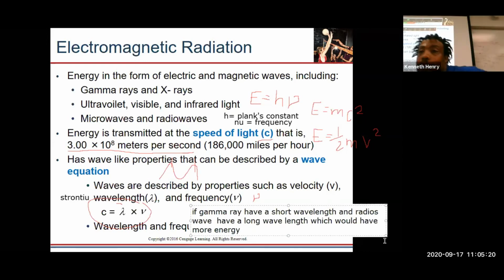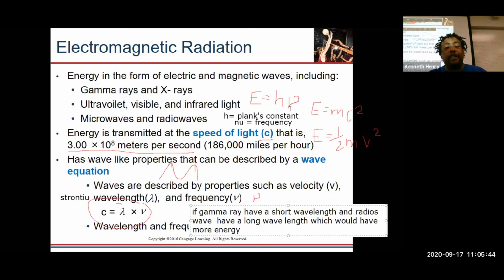Okay, so the answer would be the short wavelengths, because based upon our equation, if we have short wavelengths, that means our lambda is small, that means our frequency is high. So if we take that frequency and plug it into here, that's going to give us a larger value for energy. So what does that mean?